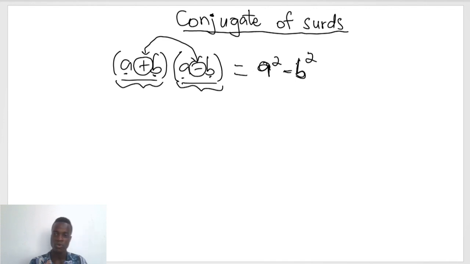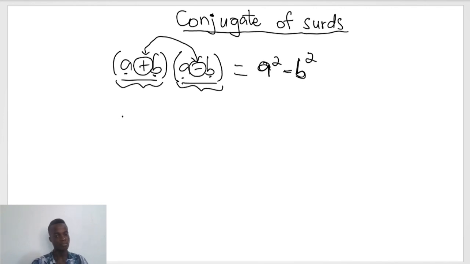That's what we are going to use in handling these surds. So we're trying to find the conjugate of surds, which is simply finding the other bracket that you need to multiply by in order to have a rational number.